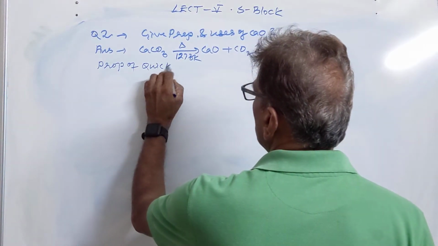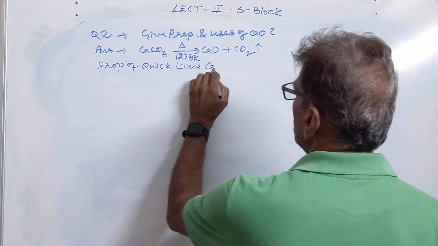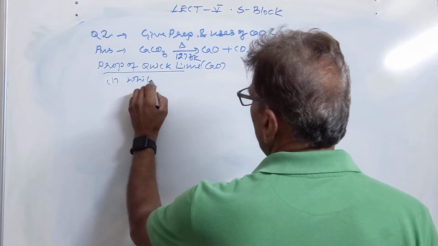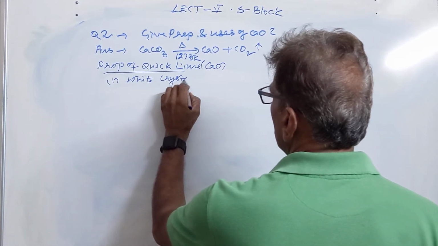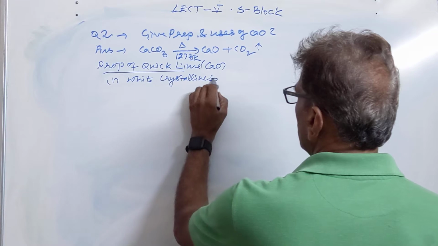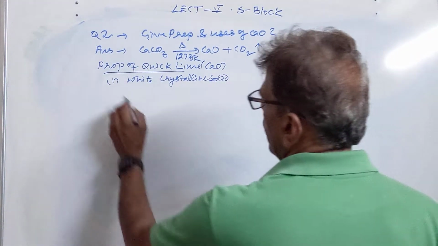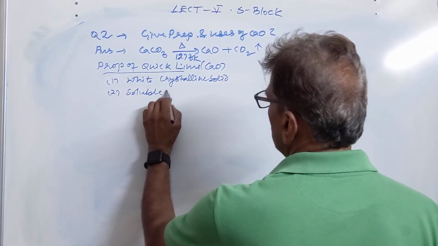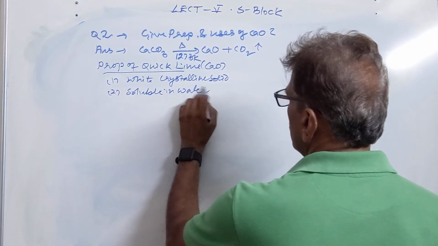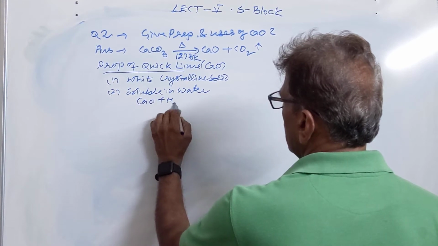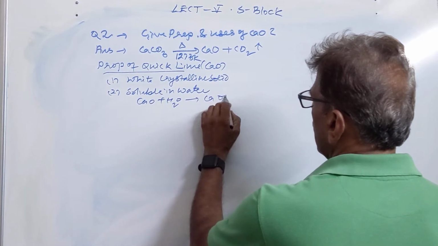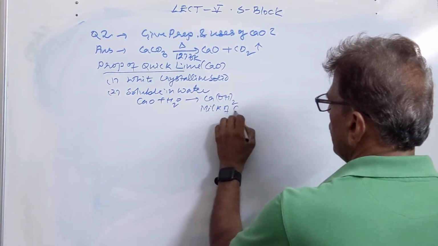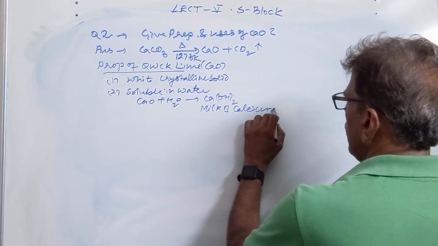Then we have the properties of quicklime. It is a white crystalline solid. CaO combines with water to give calcium hydroxide, which is called milk of lime or lime water.